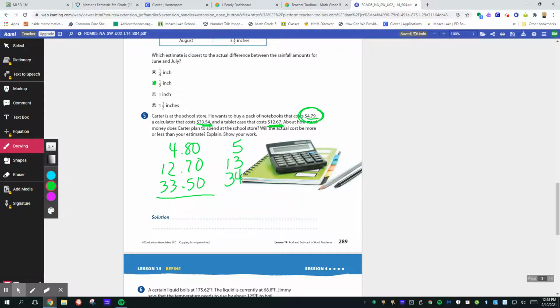If you want to just do this in your head and make sure you have the right amount, you could just add these for your estimate: 5 and 3 is 8, 4 is 12, and so I need about $52. But I know my estimate is higher than the actual cost, because each of these was lower, so it won't cost quite $52. So it's just asking for an estimate. It's not asking for an exact amount.